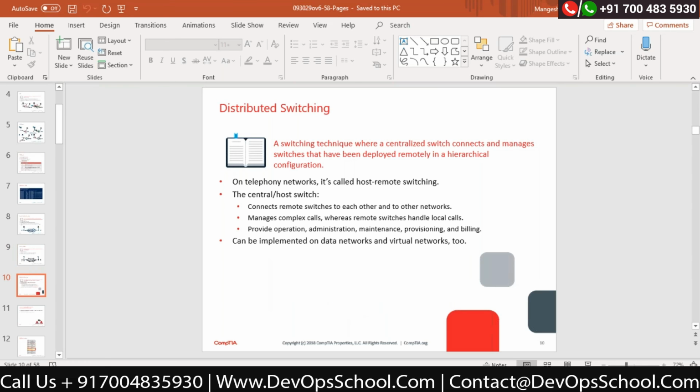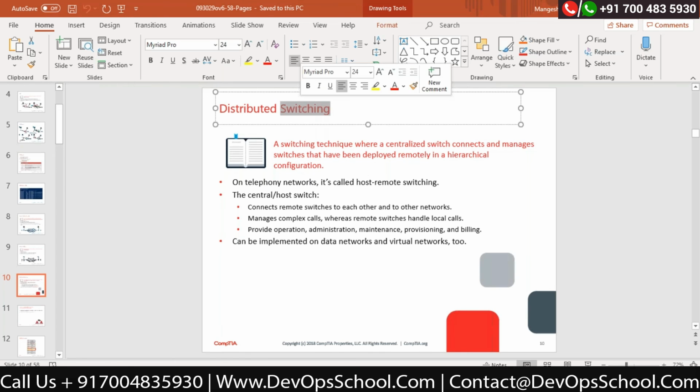Now there is one more technique called the distributed technique, correct? This is something we are not using for the majority of large ISP networks. But if you have a very small network and would like to distribute your connection, you can use the method called switching, correct?